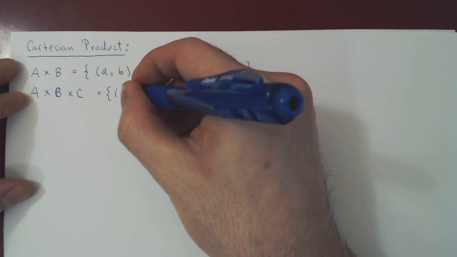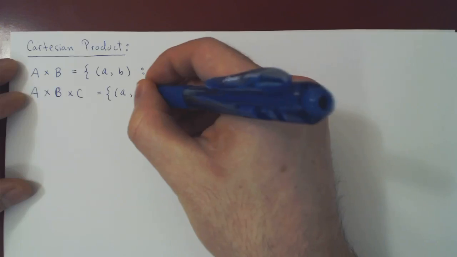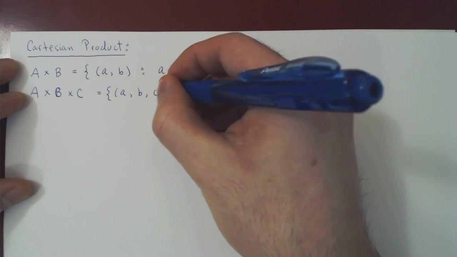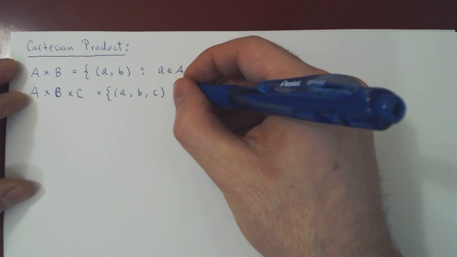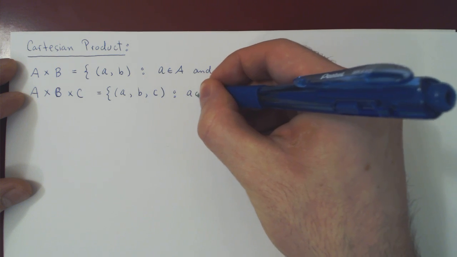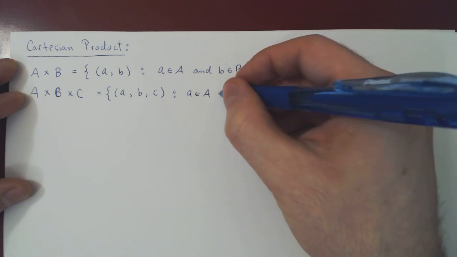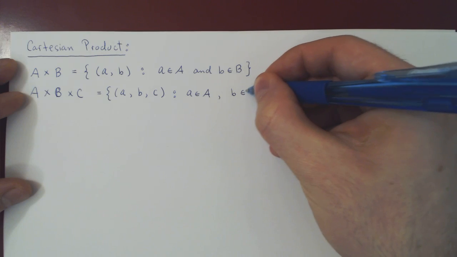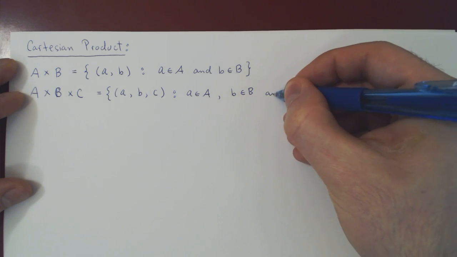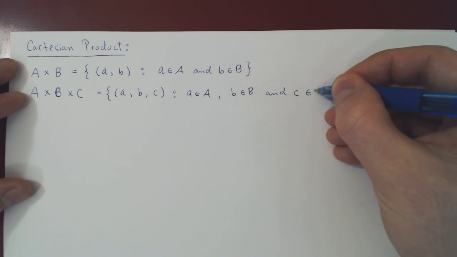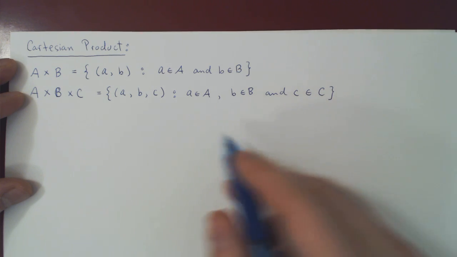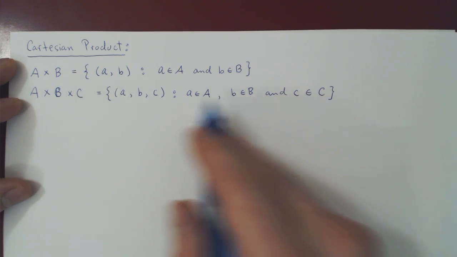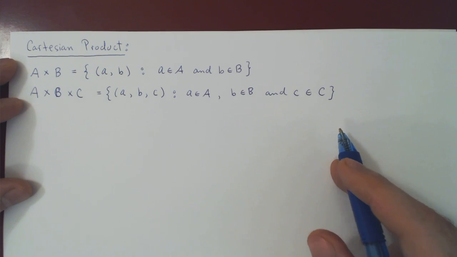So result of the first selection, then the result of the second selection, and the result of the third selection, where obviously little a is a member of set A, little b is a member of set B, and little c is a member of set C. And this obviously generalizes over 4 sets, 5 sets, and so forth.